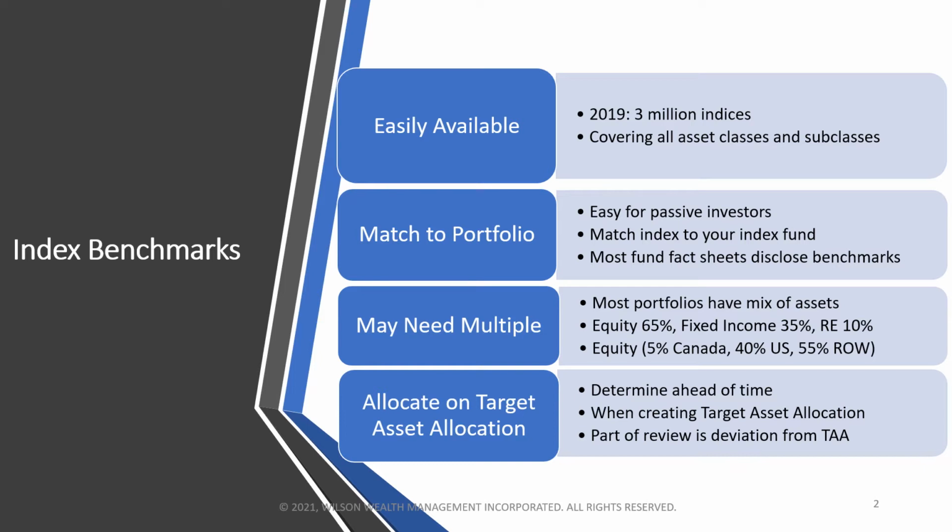In 2019, it had shrunk to 3.0 million, based on periodic decommissionings, consolidations, just pruning the leaves a bit. But even falling to 3.0 million, that is a heck of a lot of indices that you have at hand to match to your portfolio.